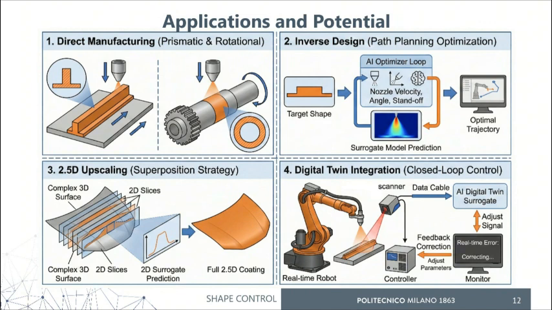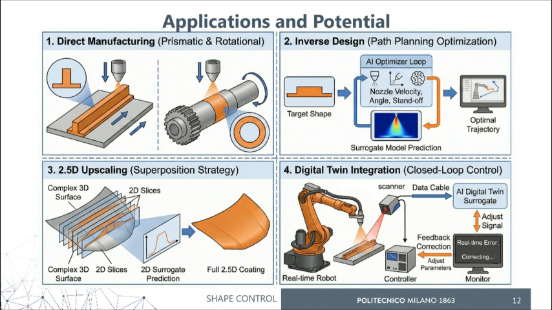The next step is to integrate this surrogate model with an optimizer, such that we input the desired target shape and the optimizer tells us the optimized nozzle movement. Then we can also upscale this 2D surrogate model into 3D, because we can approximate a 3D nozzle movement with a superposition of several linear movements with constant cross sections.